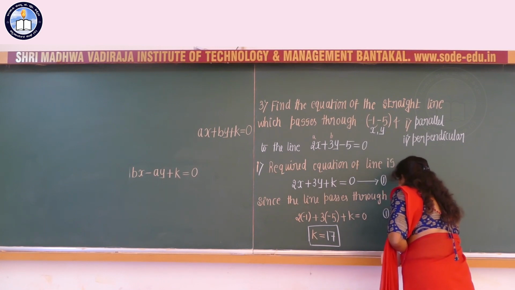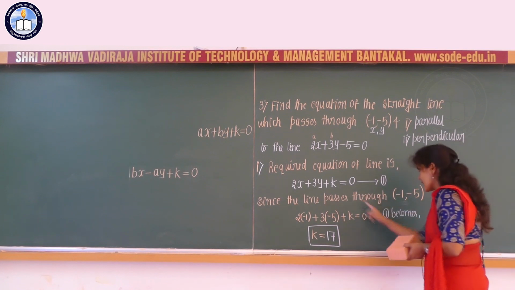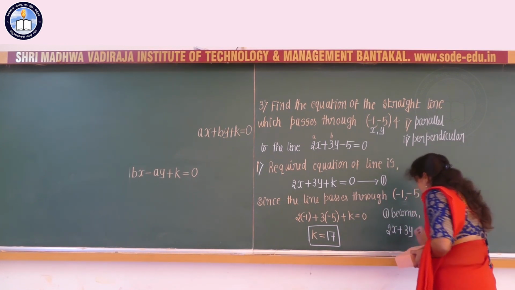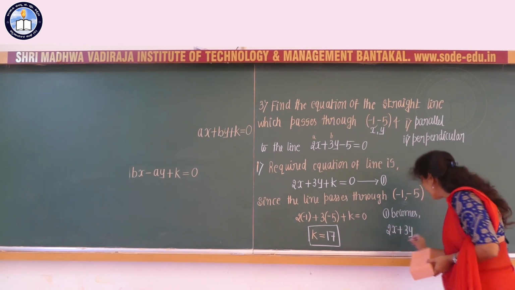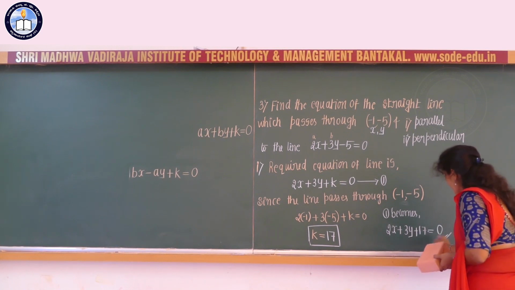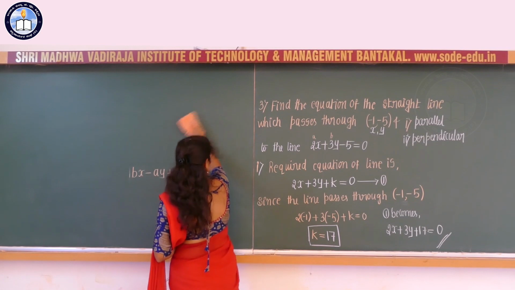Equation 1 is the equation of the line which is parallel to the given line. It can be written as 2 into x plus 3 into y plus 17 is equal to 0. So now I can say that 2x plus 3y plus 17 equal to 0.